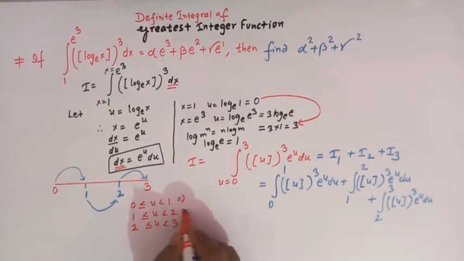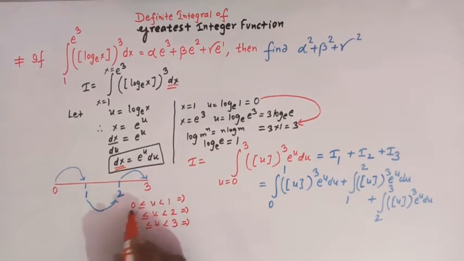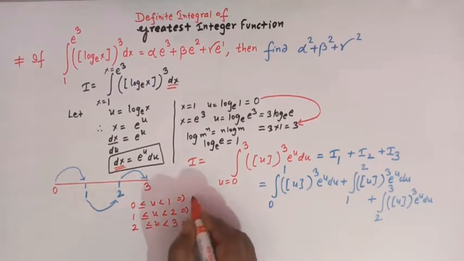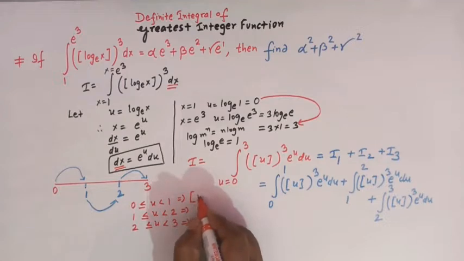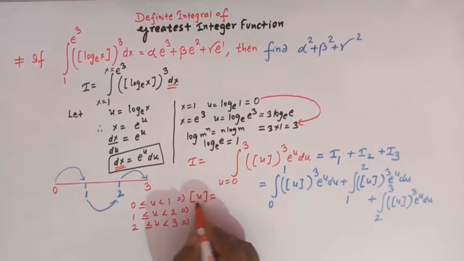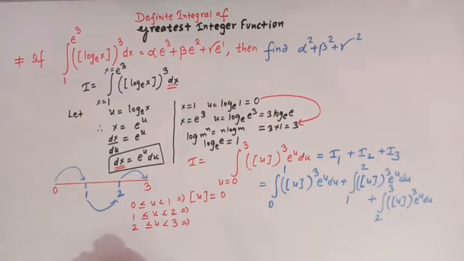When u lies between 0 and 1, from the definition of greatest integer function, the value of greatest integer u is simply 0. When u lies between 1 and 2, the value of greatest integer u is simply 1, and when u lies between 2 and 3, it is simply 2.